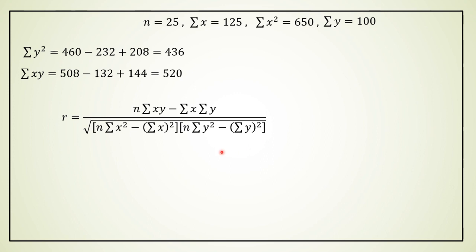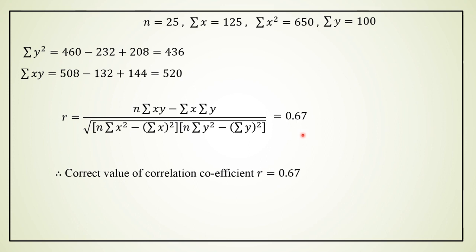So substituting the values of the summations over here, the coefficient of correlation for the correct data points is given by 0.67.